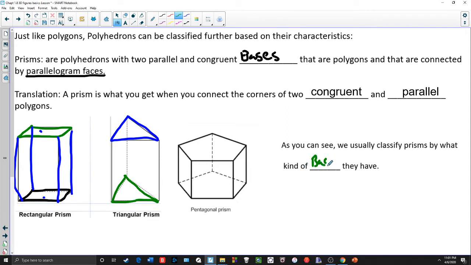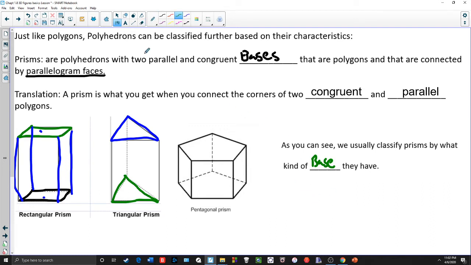So you can make any polygon into a prism. You can have an octagonal prism, a decagonal prism, a dodecagonal prism, a 20-gonal prism. It's just a matter of what base you have. If you want a 20-gonal prism, that means you have a polygon with 20 sides on bottom, the exact same congruent polygon with 20 sides on top, and you just connect their corners. So you can create any type of polyhedron you want using that method.